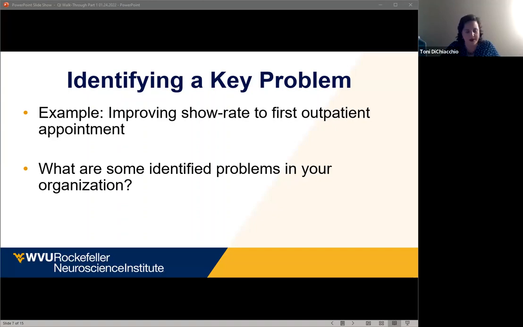So in this example, a change team was assembled, and they came up with interventions like warm handoffs, with a member from the receiving team who comes to the floor and meets the patient before discharge. They came up with the idea of giving written information in the hand of the patient, with specific instructions on the date, time, and location of their first appointment.